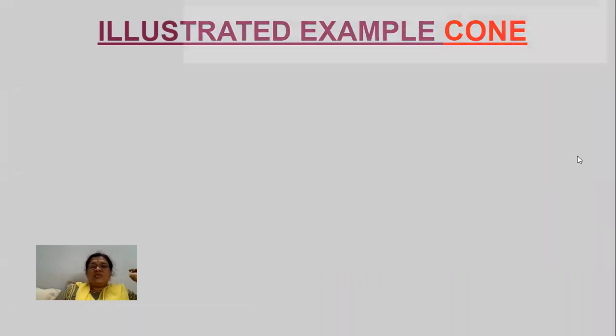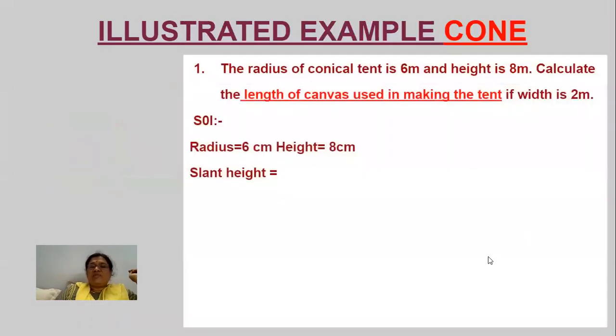See, one more problem I have taken. So for mensuration, you have to read the question 1 to 2 times, and you have to draw a suitable diagram, and these dimensions also you have to look at carefully.